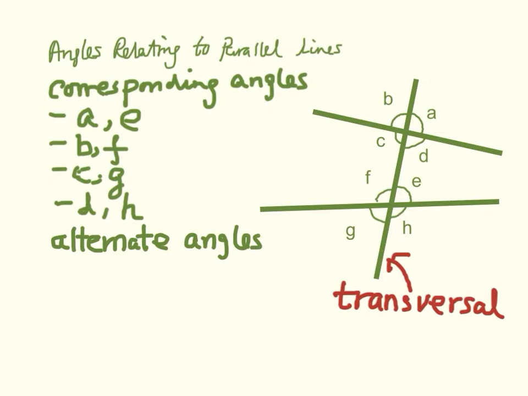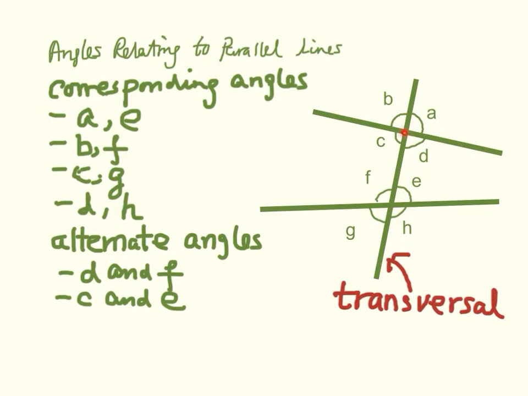They are D and F. The next pair is C and E. You can see that D and F are on the different sides of the transversal.